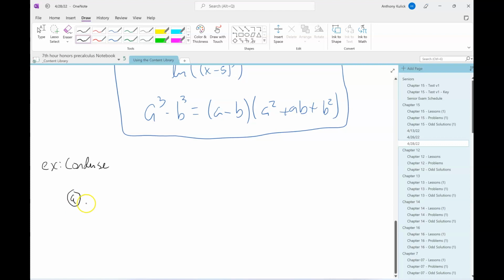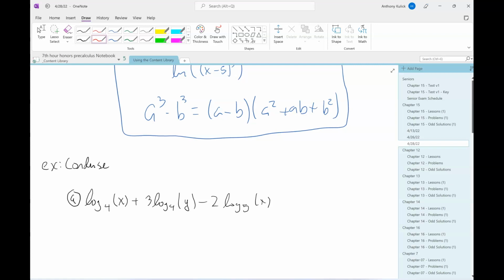All right, so let's move on to condensing. So again, with condensing, we're trying to take many logs and write them with as few logs as possible. Since the directions are essentially opposite that of expanding, the order in which we apply our properties is also the opposite.